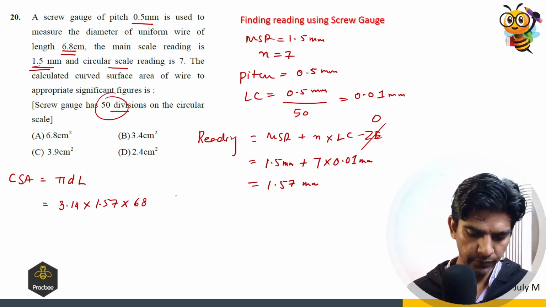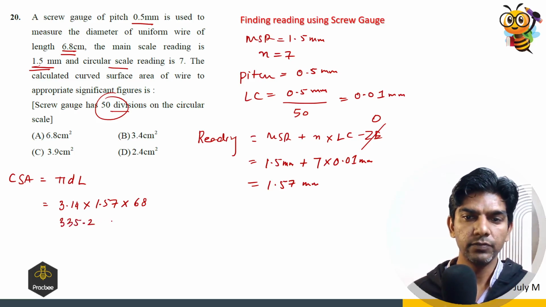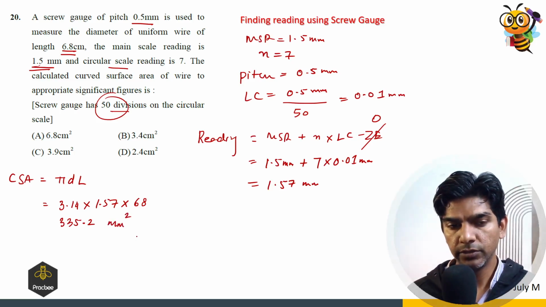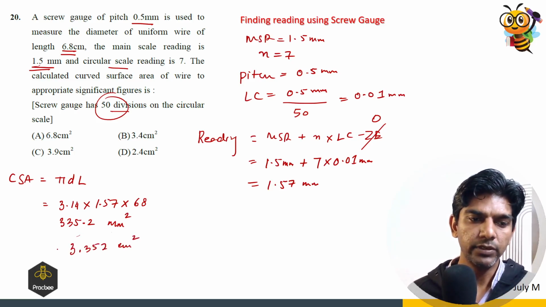Right? So when we simplify this, 3.14 times 1.57 times 68 comes out to be 335.2, and the answer will be in square millimeter, but we have to convert this into square centimeter. So let us divide this by 100, so that will be 3.352 square centimeter.